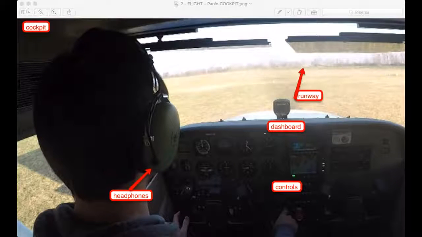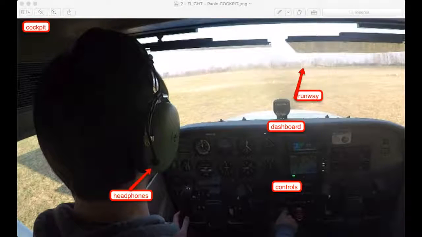Now, controls is a word which often confuses people, because people confuse control and check. Controls are things that you control with. So in this case, the dashboard is full of controls because you need to monitor many things and control the plane with it.